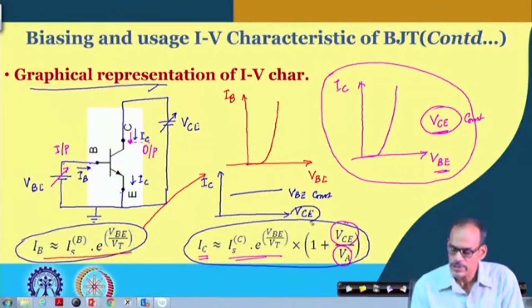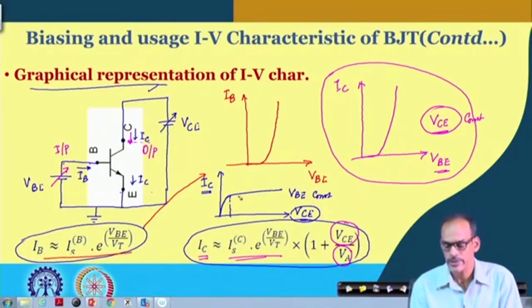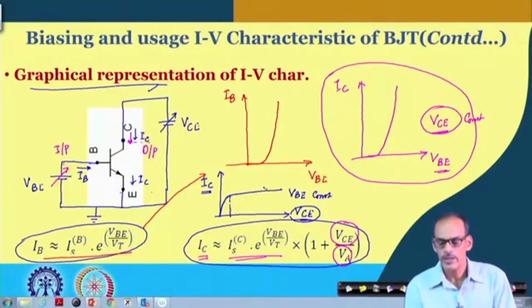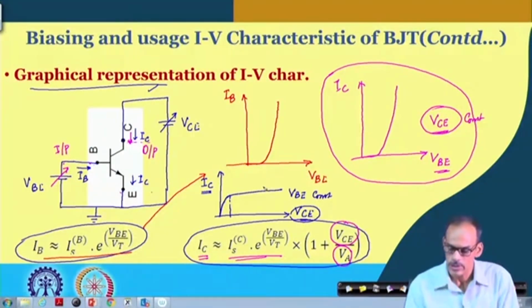However, if VCE is sufficiently low, and if this junction is getting forward biased, there will be a bend of this current. In fact, if this voltage is 0, of course, it will go to the origin. So, there will be a big dependency of the collector current on VCE only when this junction is getting forward biased. But as long as it is reverse biased, we can say that this current is fairly quote unquote independent of the VCE voltage.